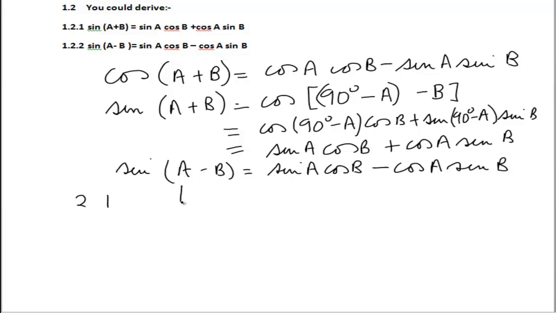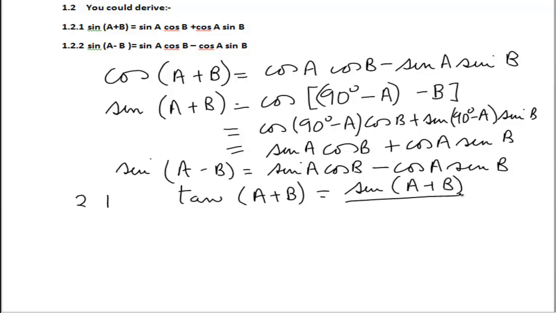2.1, which is tan of A plus B. Tan of A plus B is sine of A plus B divided by cos of A plus B, because tan is sine over cos.